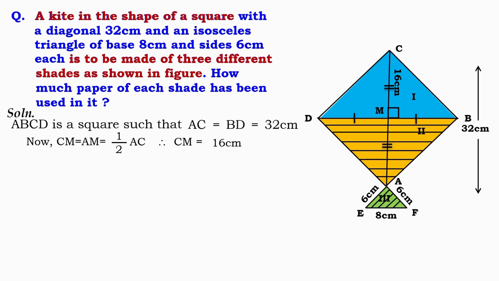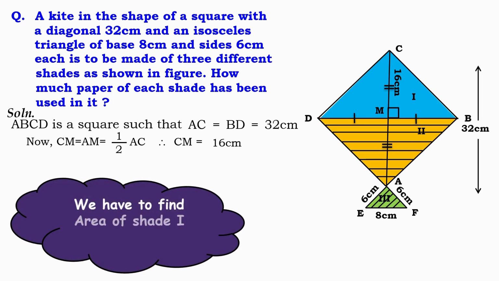Now here they have made it with three different colors. One is blue, another is yellow, and the third is green. So how much paper do we need? We have to find the area of shade 1, the blue part, then shade 2, the yellow part, and finally shade 3, the green part.